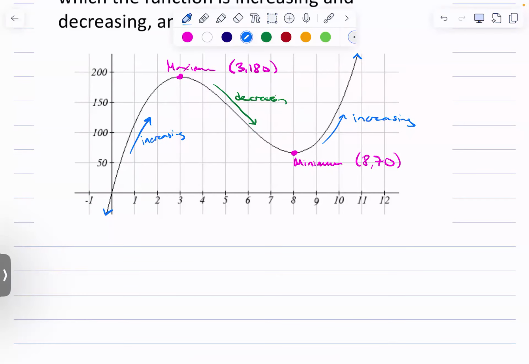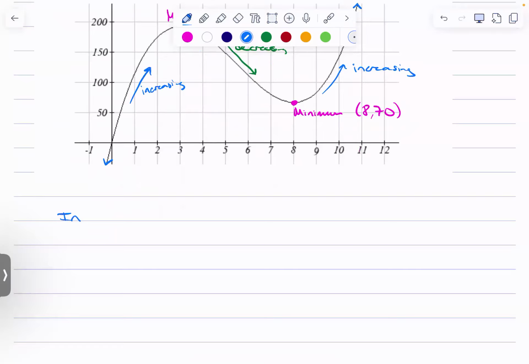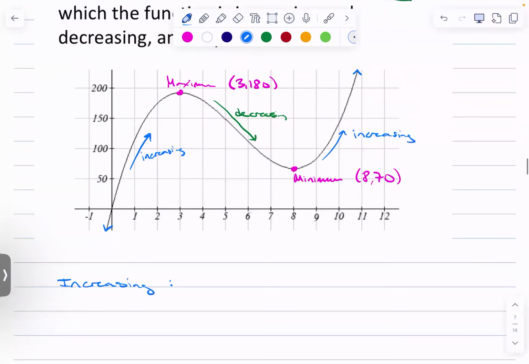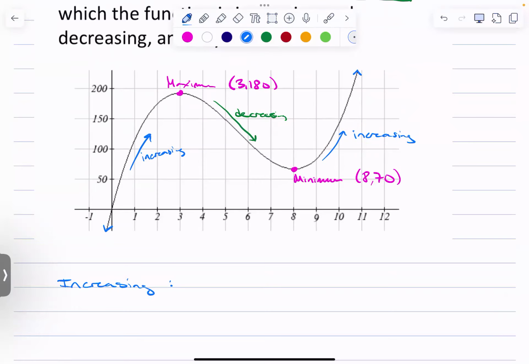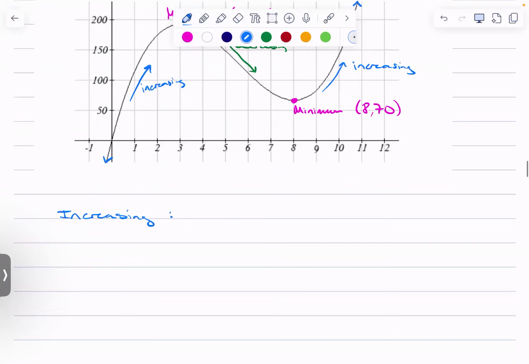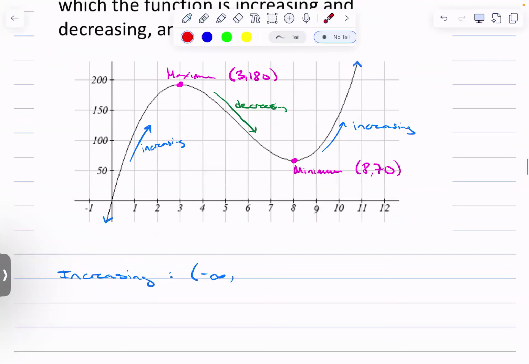We want to list the intervals where it's increasing. We're going to use interval notation. And just remember, it starts here at negative infinity, right? X goes to negative infinity. And so it's increasing from negative infinity up to x equals 3.